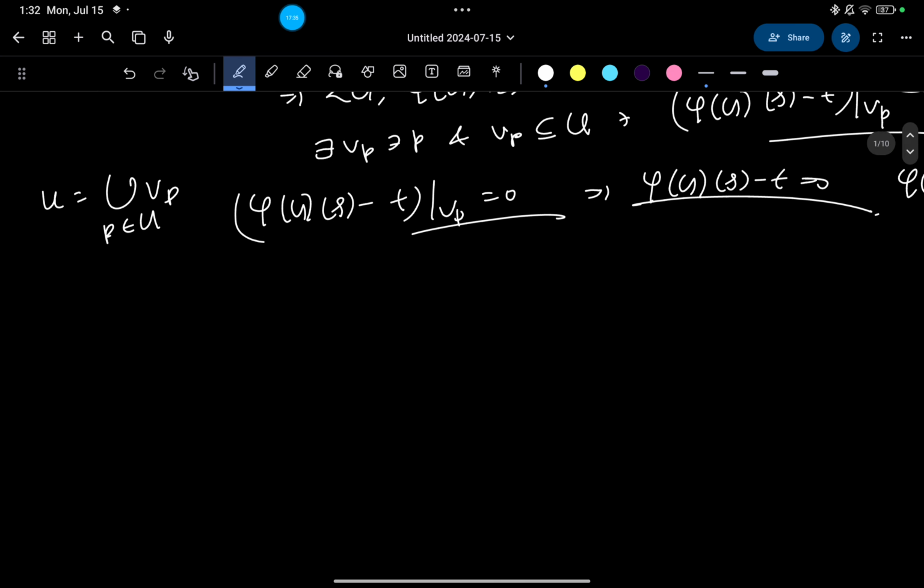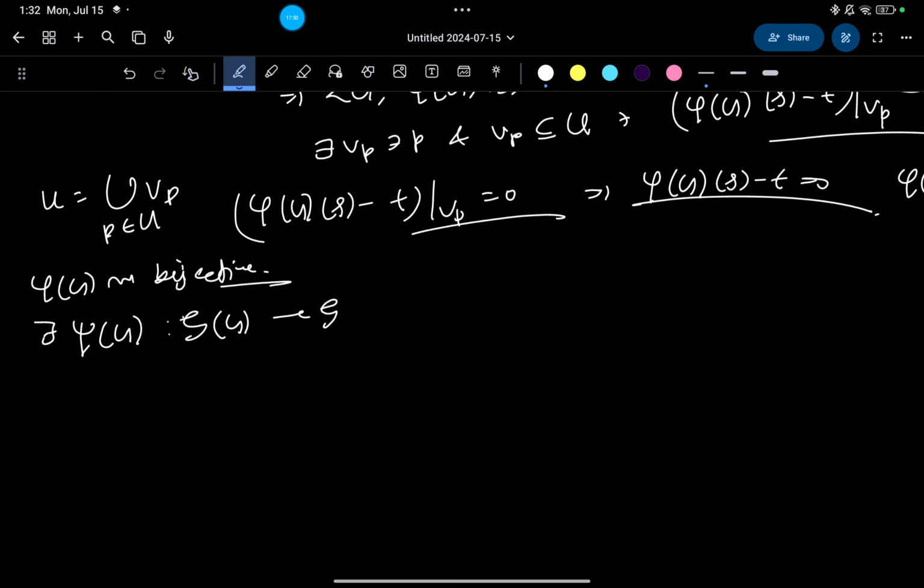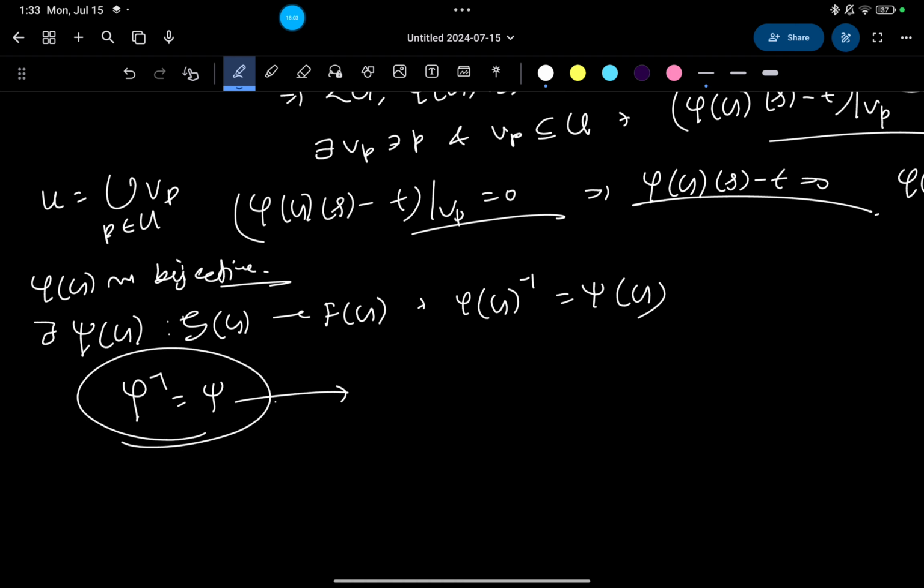So the proof for now is easy, and that means phi u is bijective. Bijective, so there exists psi from gu to f of u such that the inverse of phi u is psi u. Then phi inverse is nothing but psi. This will work.